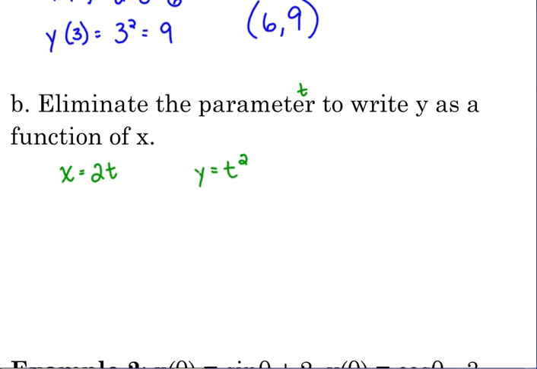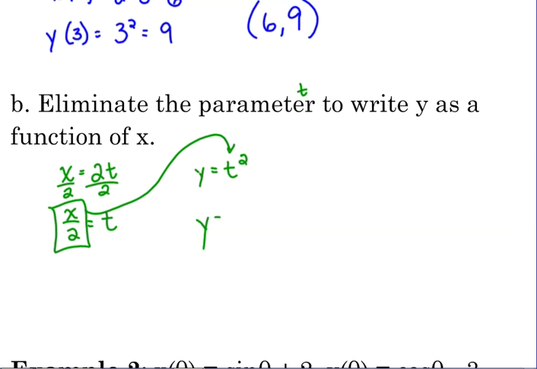Okay? So which of those two equations would be easier to isolate the t variable? The x one or the y one? X, right? All we have to do is divide by 2. X over 2 is equal to t. Since that quantity is equal to t, we're going to plug it in for t in the other equation. t was being squared, so we're going to square the x over 2.